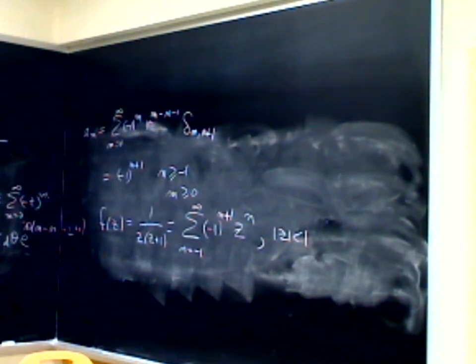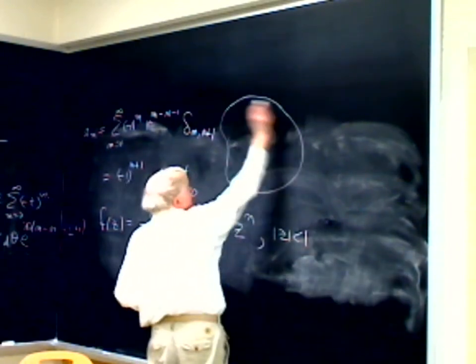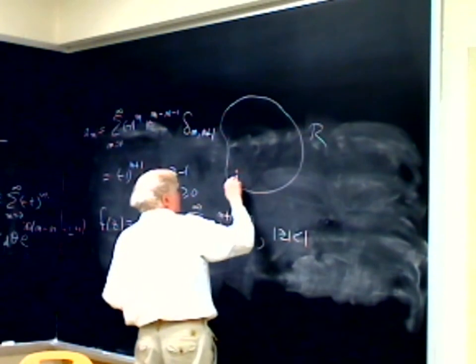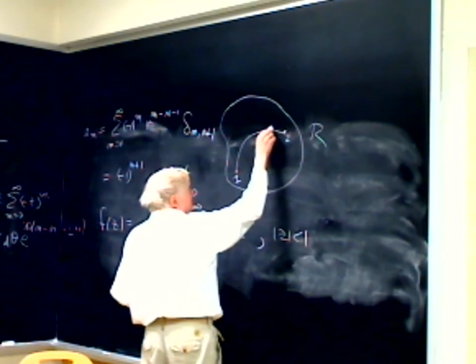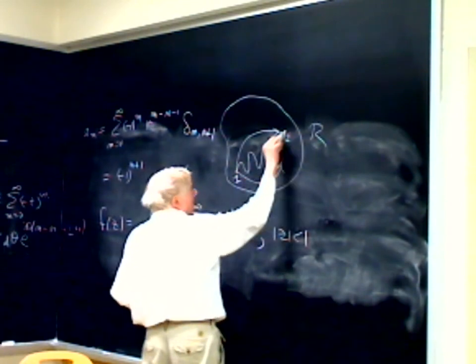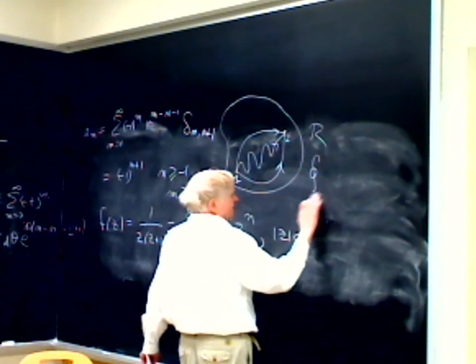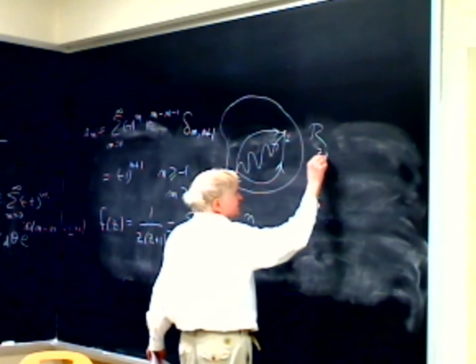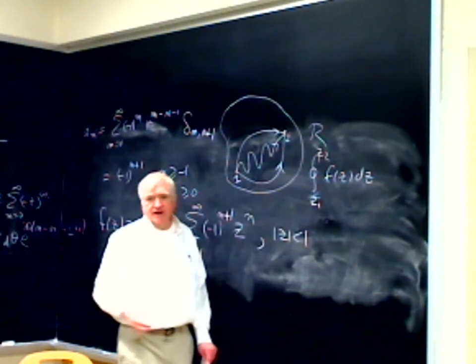All right, the next topic is the calculus of residues. The point here is that if we have a region of analyticity, and we go from one point here to another point here, then we can go this way, or we can go that way, or we can go like that, and all of those contours from z1 to z2 of f of z dz give the same value of the contour integral.